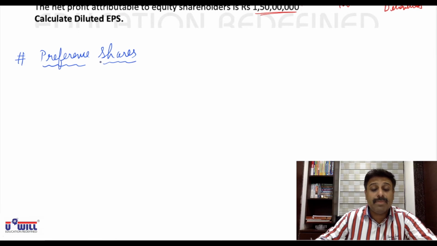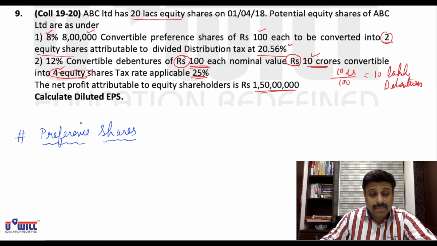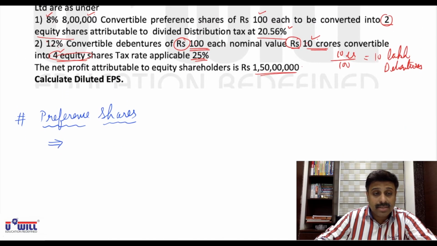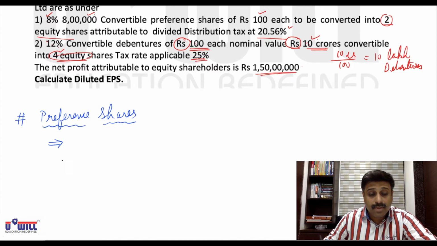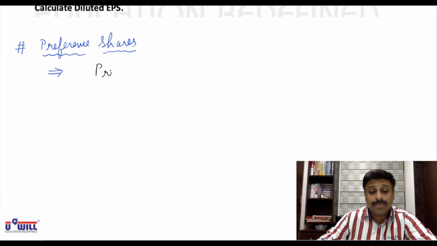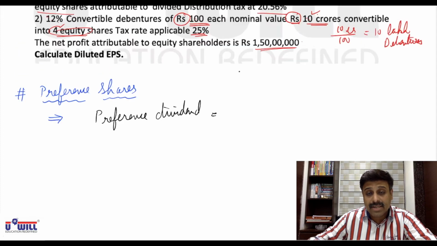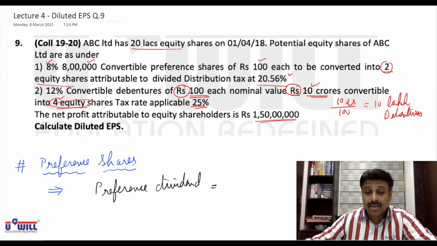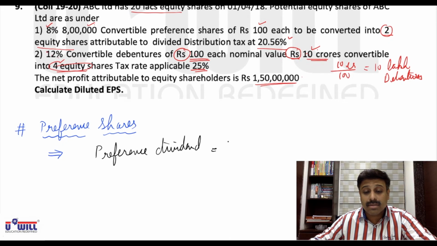Now incremental EPS means first we find incremental earnings. So for incremental earnings, what is the preference dividend amount? Incremental earnings will be preference dividend plus dividend distribution tax. So preference dividend is equal to 8 lakh preference shares into 100 rupees, so 8 crores into 8%, so 64 lakhs.